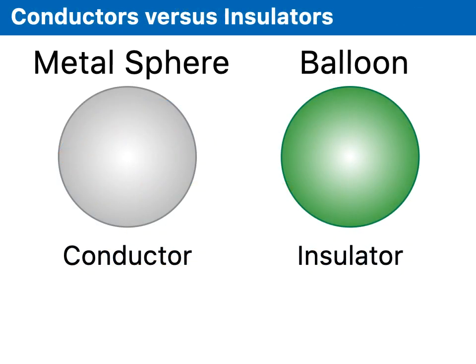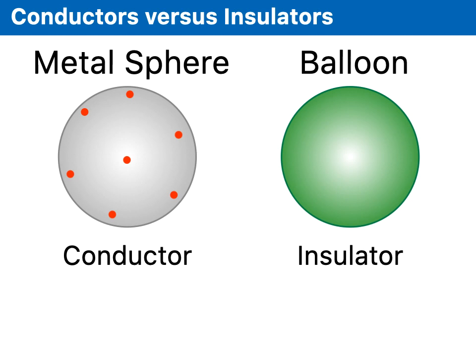So if we compare and contrast conductors versus insulators, a metal sphere versus, say, a balloon, if I put these electrons, how many are there? 7. If I put these 7 electrons on the conductor sphere, the metal sphere, since like charges repel, they're going to repel each other and equally space each other out. There are protons here, but I'm just not showing it.